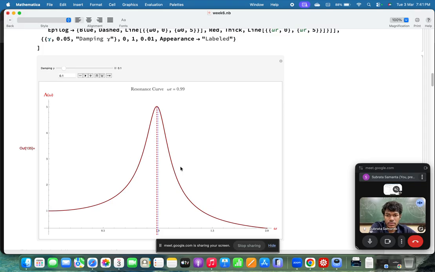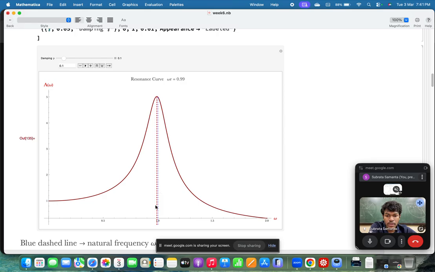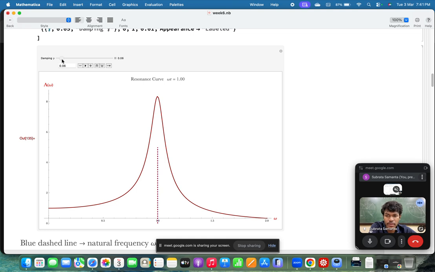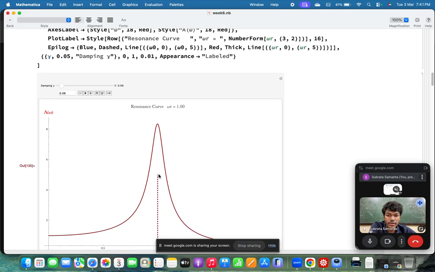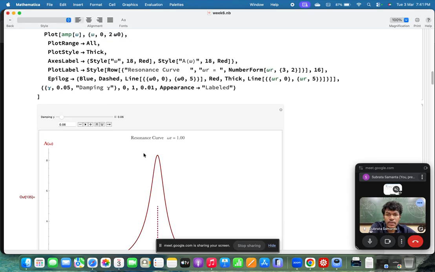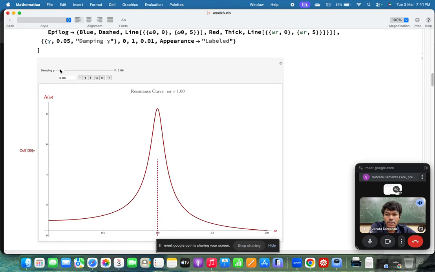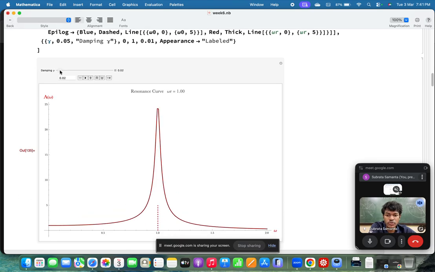As you already saw before, this is the type of resonance where omega r is very close to omega naught, but not exactly omega naught. If you go to smaller and smaller values of gamma, they almost overlap, and the amplitude is also large. Because I plot this Epilogue from 0 to 5 in the y value, they only go up to 5. Going smaller and smaller, they almost overlap, and the blue line almost coincides with the red one.